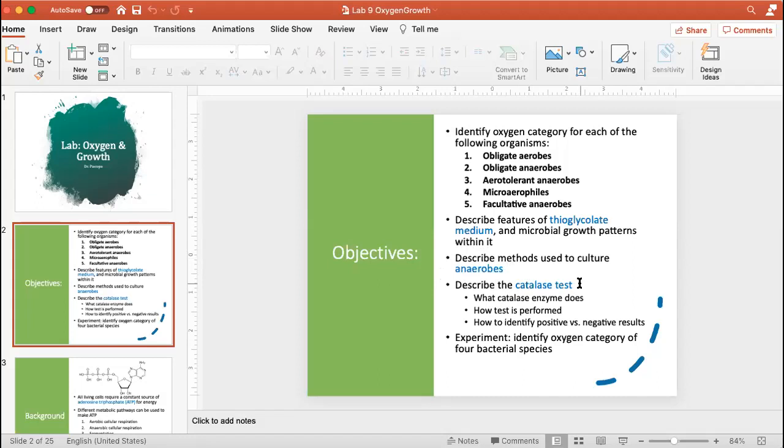And the Catalase Test is related to oxygen in that this is an enzyme that helps break down one of the byproducts of being exposed to oxygen. Oxygen is actually a molecule that you don't want to be exposed to in large amounts.